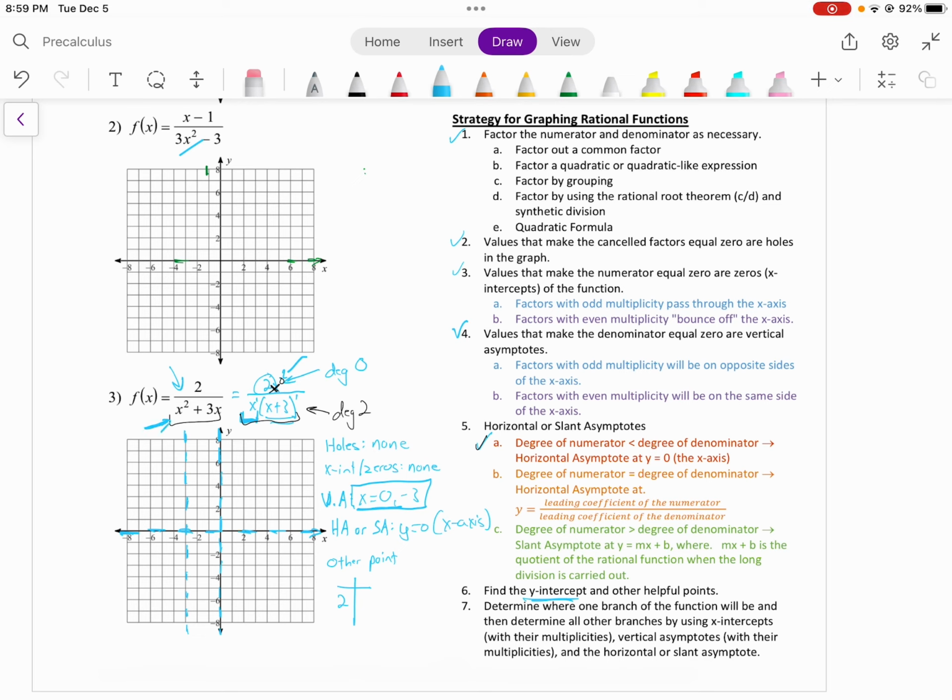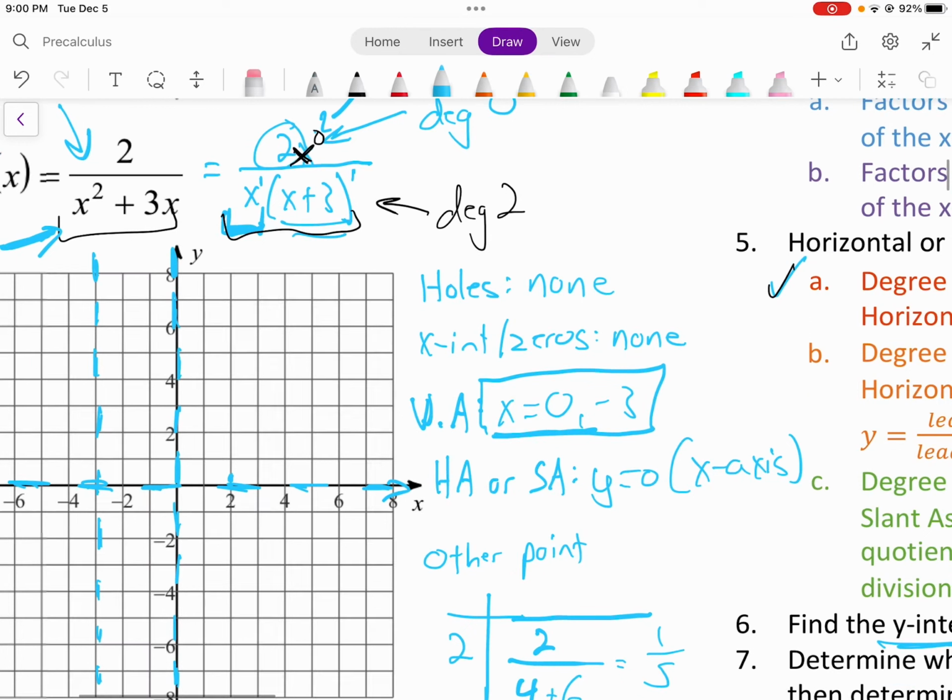So when we plug in 2, we will have 2 over 2 squared, which is 4, plus 2 times 3, which is 6. That's 2 over 10, which is 1/5. So at 2, we have 1/5. I'm going to try to write that on there pretty close to the x-axis. I'll even zoom in a little bit. So here's the point (2, 1/5).